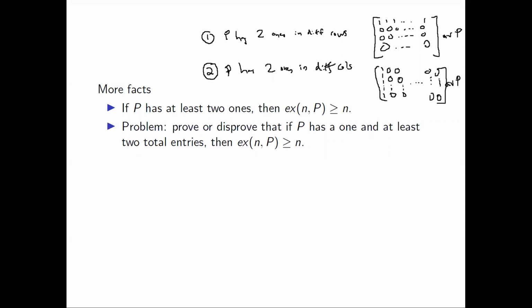Here's a problem for you to think about. This is a very similar kind of problem. See if you can either prove that this statement is true or find some simple counterexample to disprove it. So prove or disprove that if P is a 0,1 matrix that has a 1 and at least two total entries, then the extremal function EX of n comma P is at least n.